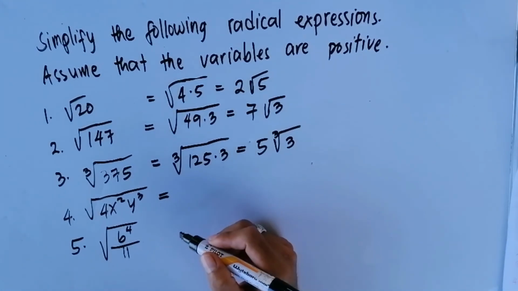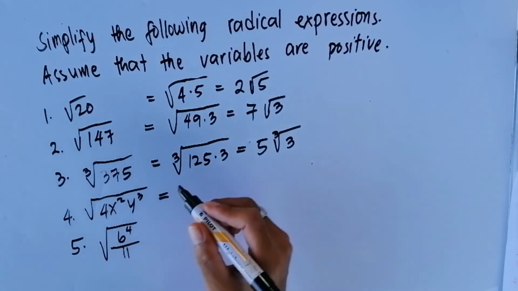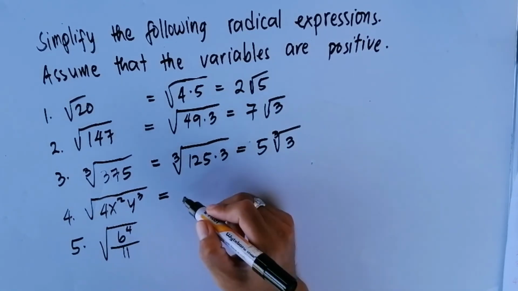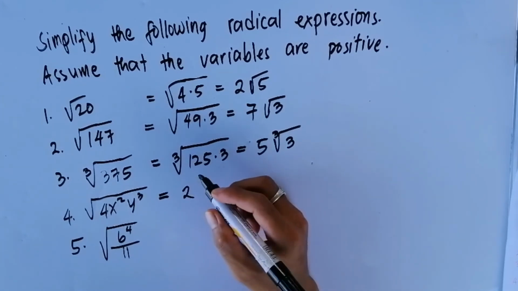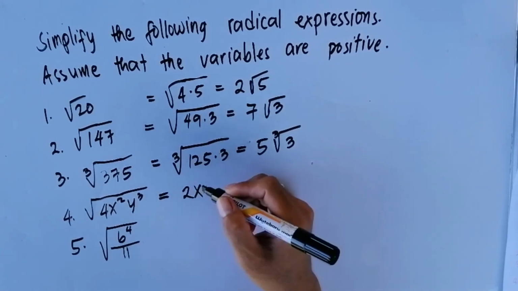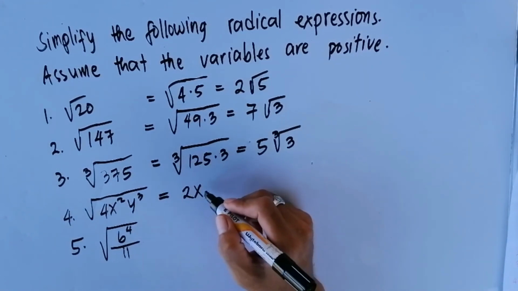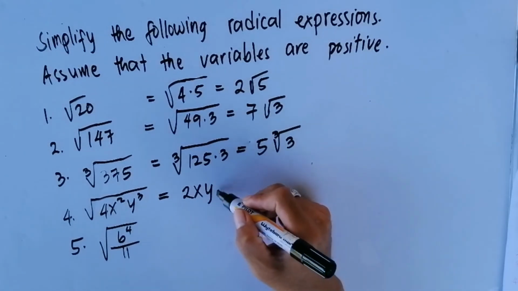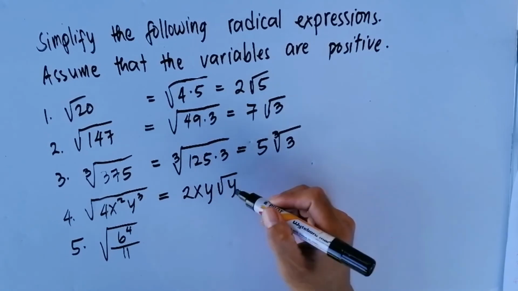Number 4, the square root of 4x squared y cubed, that is 2xy and the square root of y.